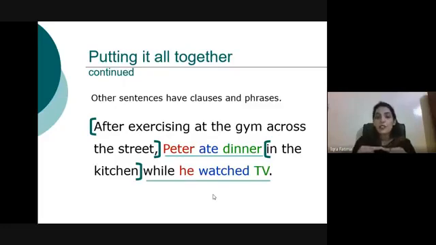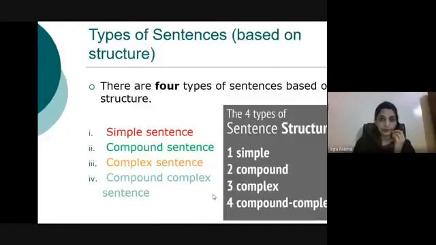The basic structure is subject, verb, and any one of those three things: object, complement, or adverbial. If there is not that simple basic structure, no matter how many words you have written, that is not called a sentence.